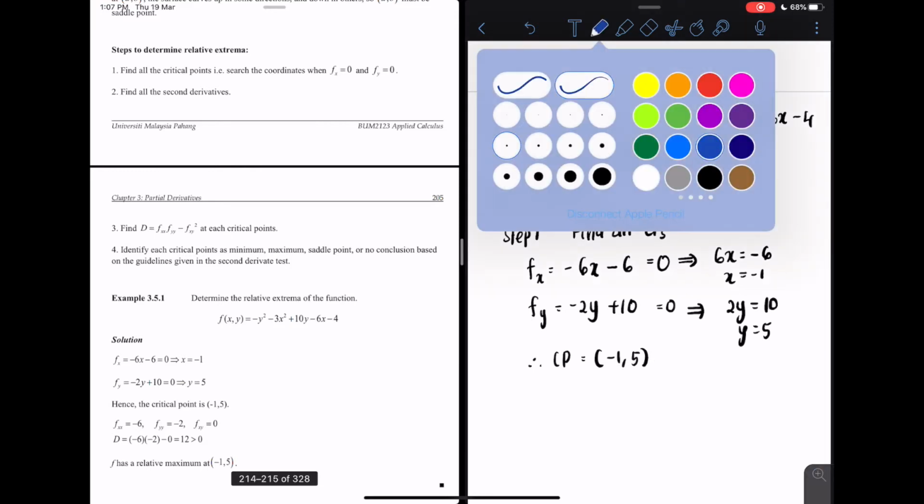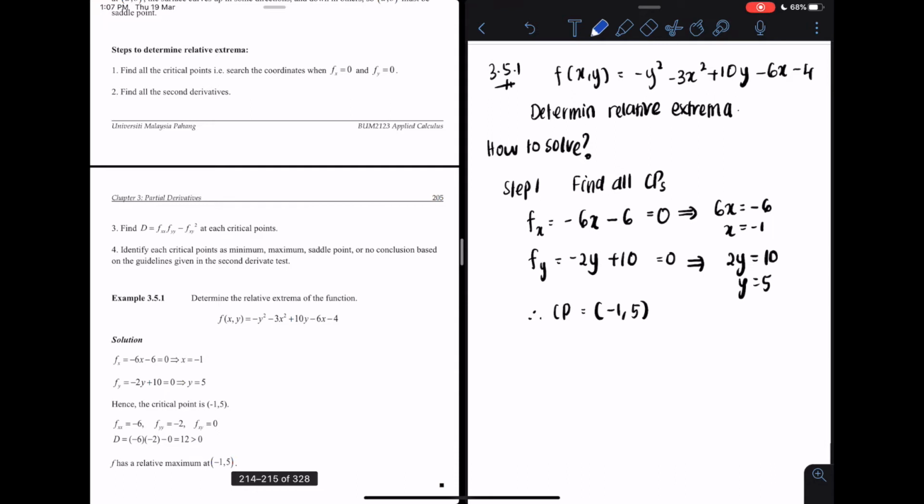And then I have to go to step number 2. Step number 2 asks me to determine all second order partial derivatives.